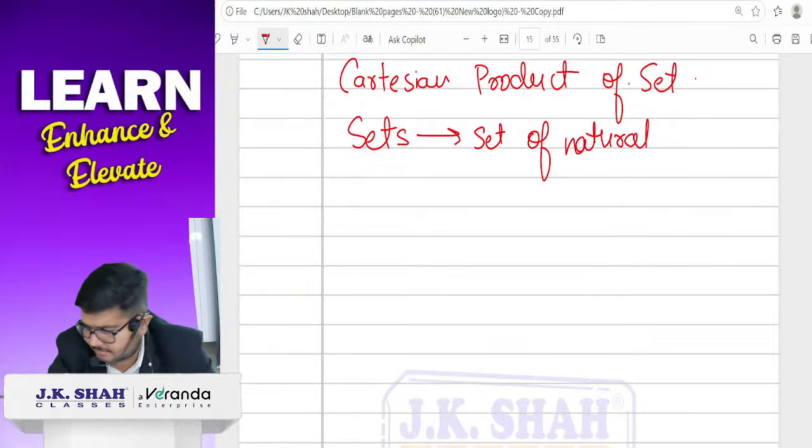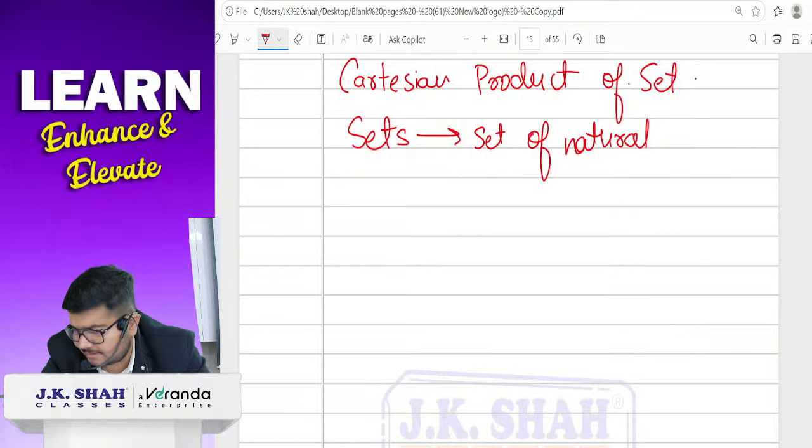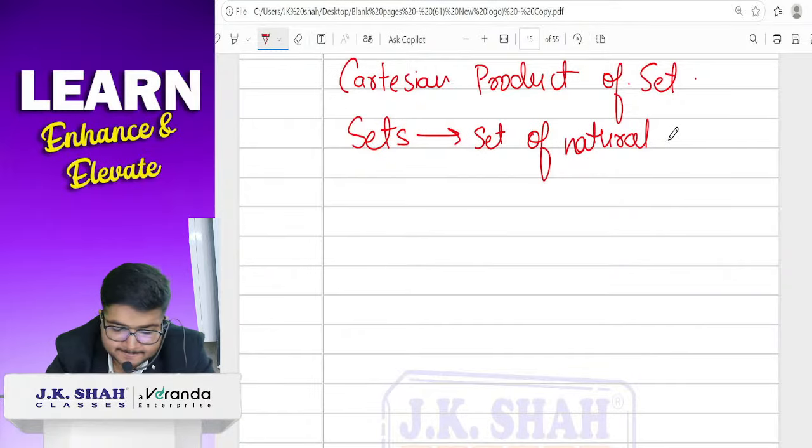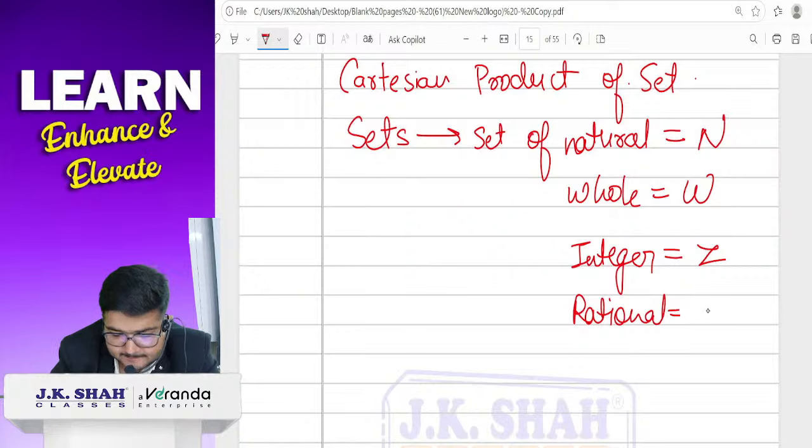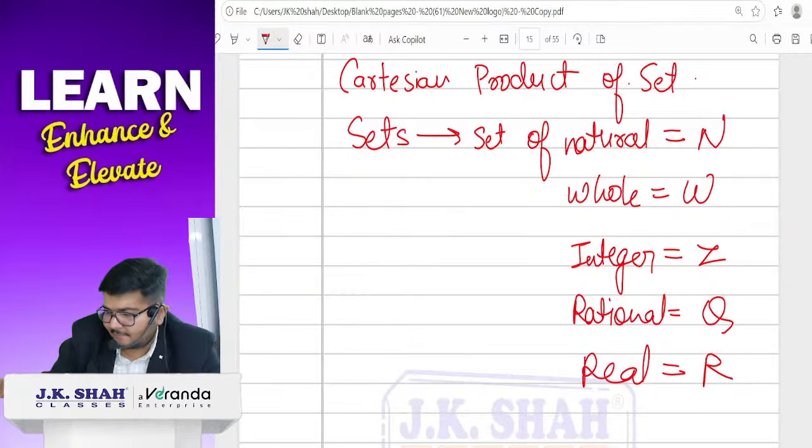Remember this, I am telling you for your MCQs. Set of natural numbers are always denoted by N. Set of whole numbers are denoted by W. Set of integers are denoted by Z. Set of rational numbers are denoted by Q, and set of real numbers are denoted by R.